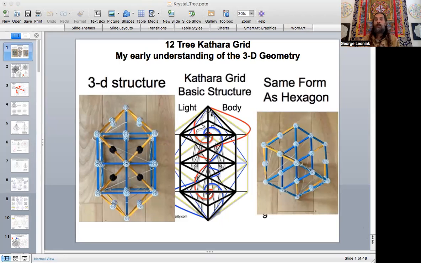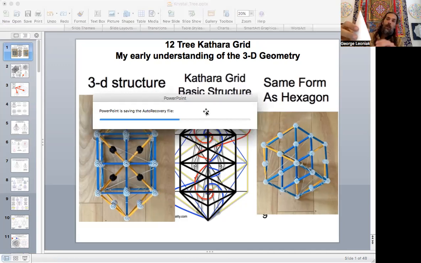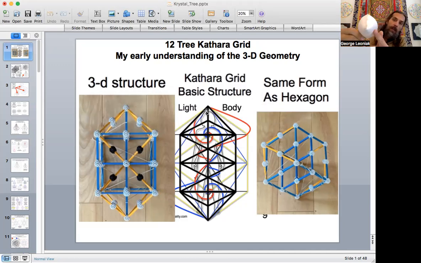Back then, I was still intrigued by figuring out how the spiral will move in a three-dimensional way, like I've been sharing in my recent videos, through a kind of cone-like structure as it works its way down the spiral. This is very much related to the structure and geometry of the light body.